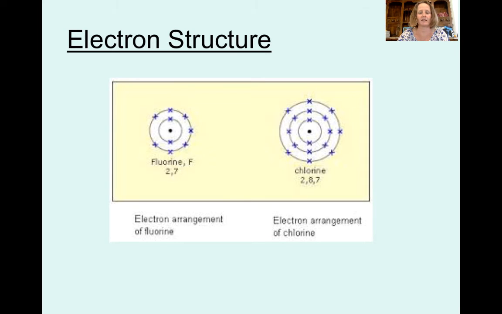Chlorine has the atomic number of 17, so 17 protons and 17 electrons. Here are the electrons: 2 in the first energy level, 8 in the second energy level, and that just leaves 7 for the outer energy level. So both fluorine and chlorine have 7 electrons in their outer energy levels.